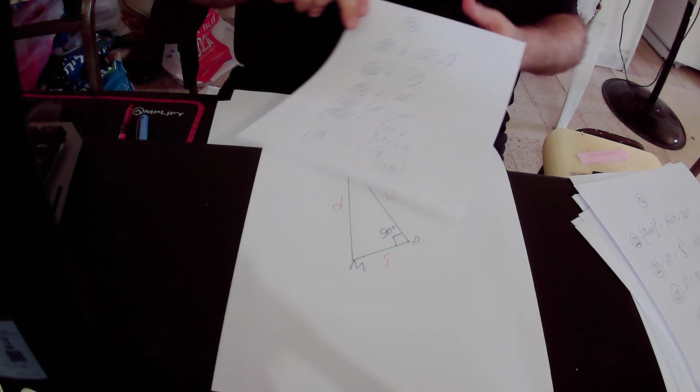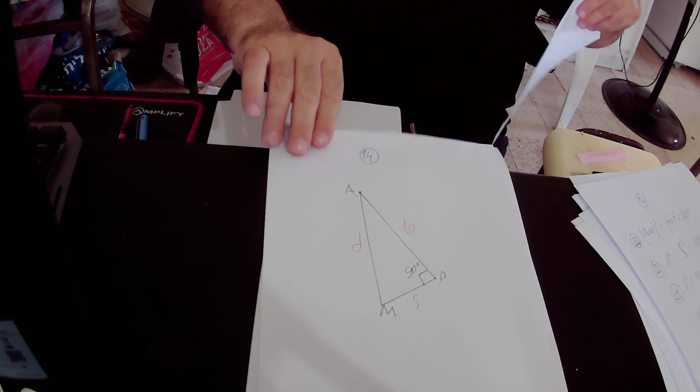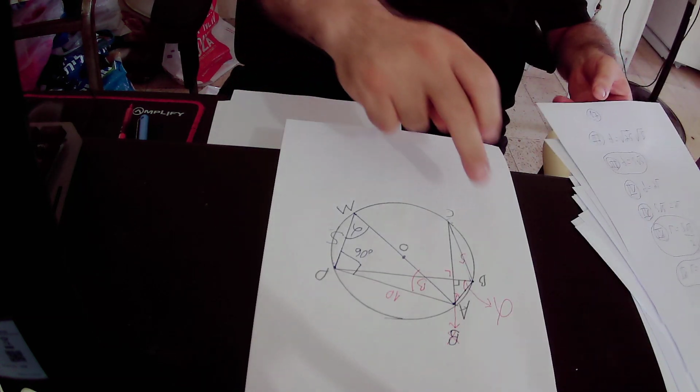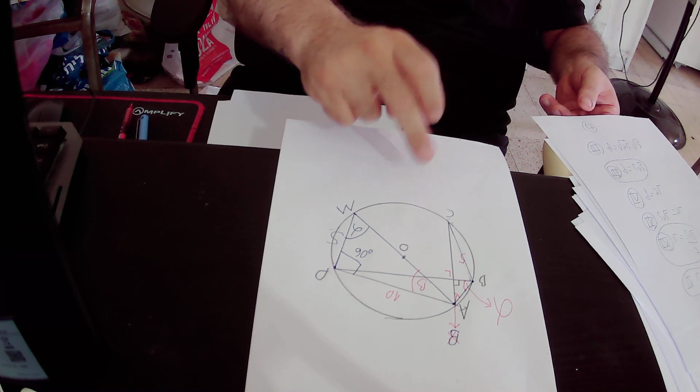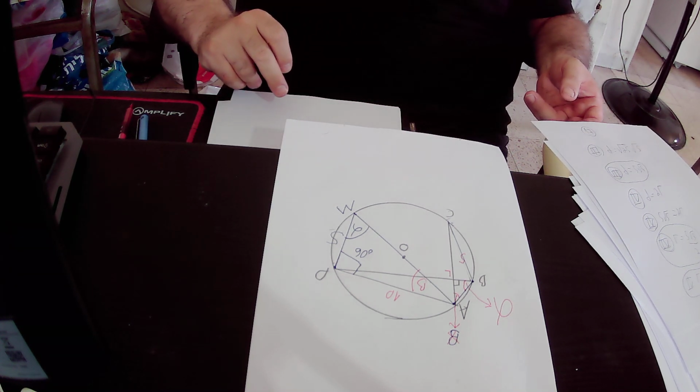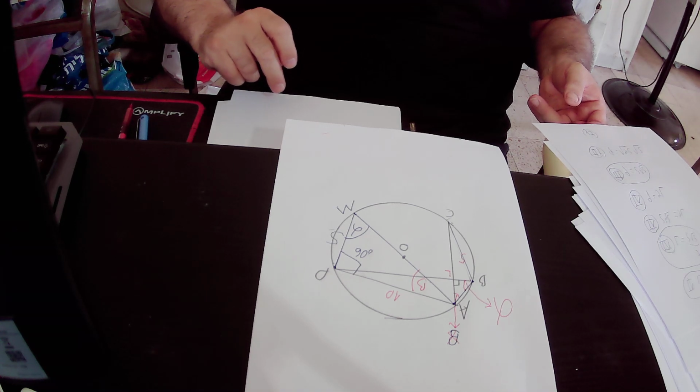So the answer to the question is that the radius of this circle equals 5.55 units. Okay, thank you very much.